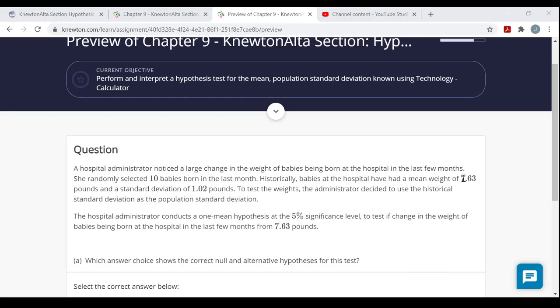So this is like mu and sigma. To test the weights, the administrator decided to use the historical standard deviation as the population standard deviation. Again, sigma is known to be 1.02.